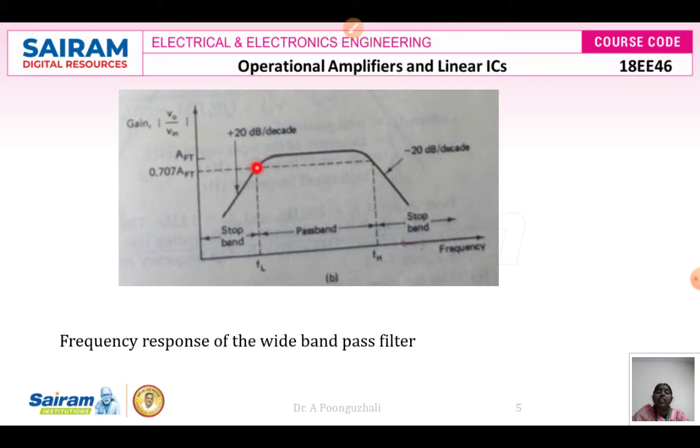It intersects the graph at these two points; this point is called the lower cutoff frequency and this point is called the upper cutoff frequency. So bandwidth is nothing but the difference between the upper cutoff frequency and the lower cutoff frequency, that is FH minus FL. The slope of the first order high pass filter is plus 20 decibels per decade and the slope of the first order low pass filter is minus 20 dB per decade.